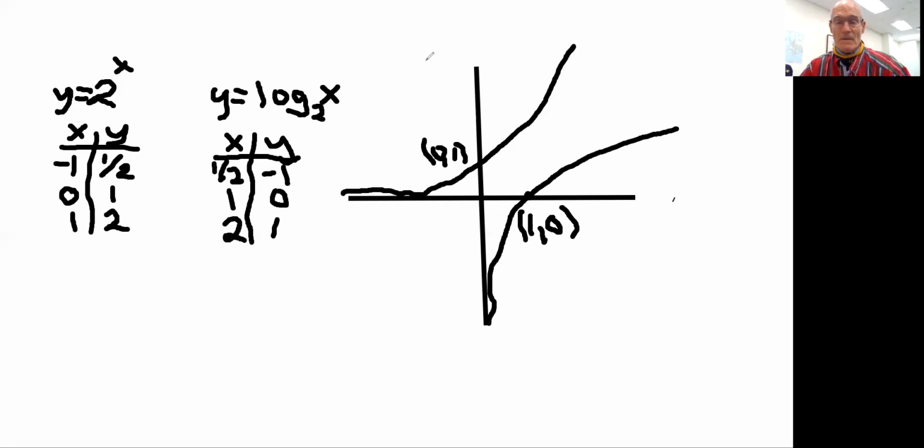Now, if you look at the exponential function, your domain was all reals, and your range was y greater than 0.